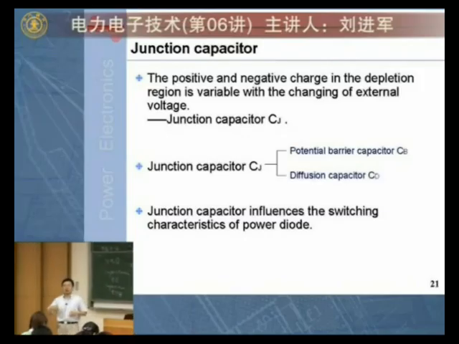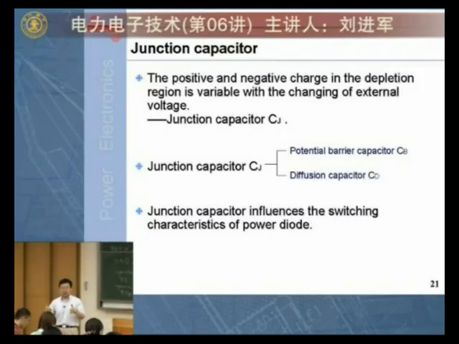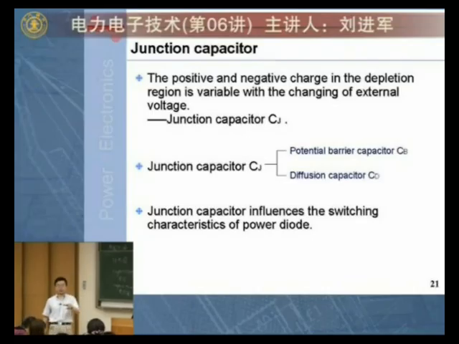That means when the diode is changing from conducting to blocking, forward direction changing to reverse direction, you always need some time to change to a steady state. Because of this capacitor. This capacitor needs to be charged and discharged. So you need some time.